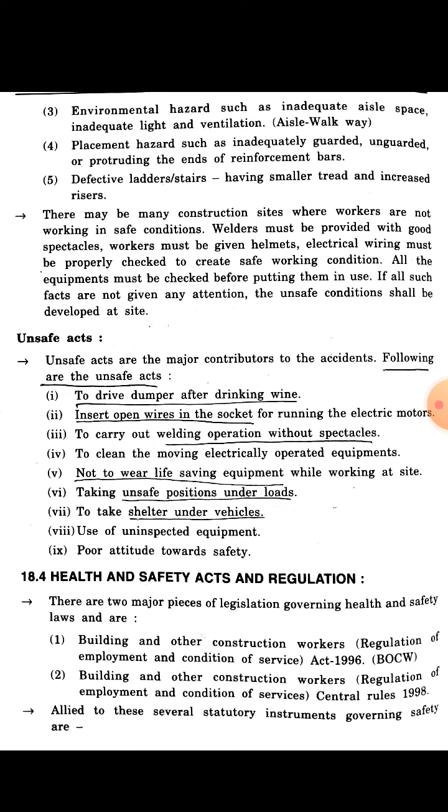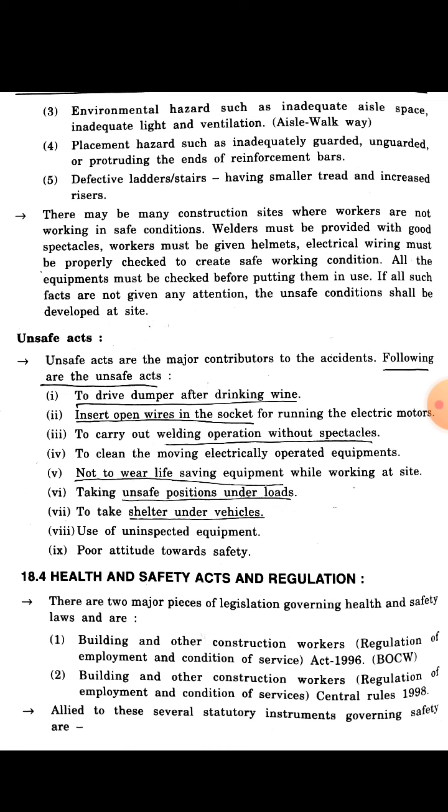First one is to drive a dumper after drinking wine, which is an unsafe act. Second is to insert open wires in the socket for running the electric motor. Third is to carry out welding operation without specs, and fourth is to clean moving electrically operated equipment. Fifth, not to wear life-saving equipment while working at the site, and sixth is taking an unsafe position under load.